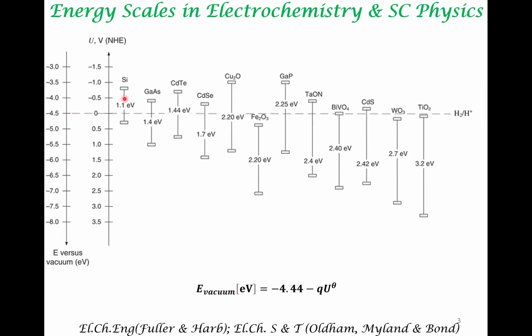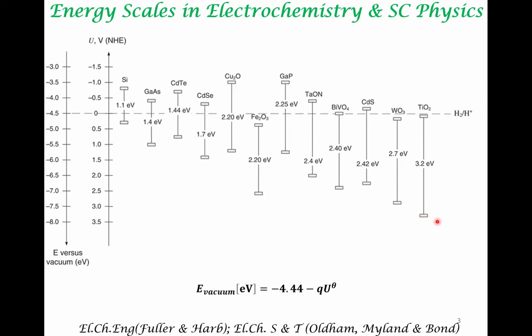In addition, there are other quantities. So what are we specifying here? Let's take silicon. 1.1 refers to the band gap of silicon. Let's say 3.2 refers to the band gap of titanium dioxide. Likewise, there are many other semiconductors whose band gaps are specified here.